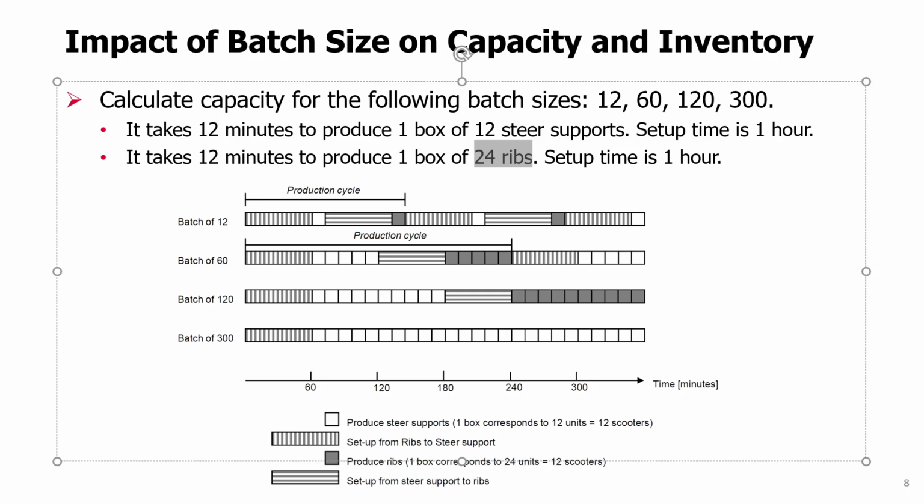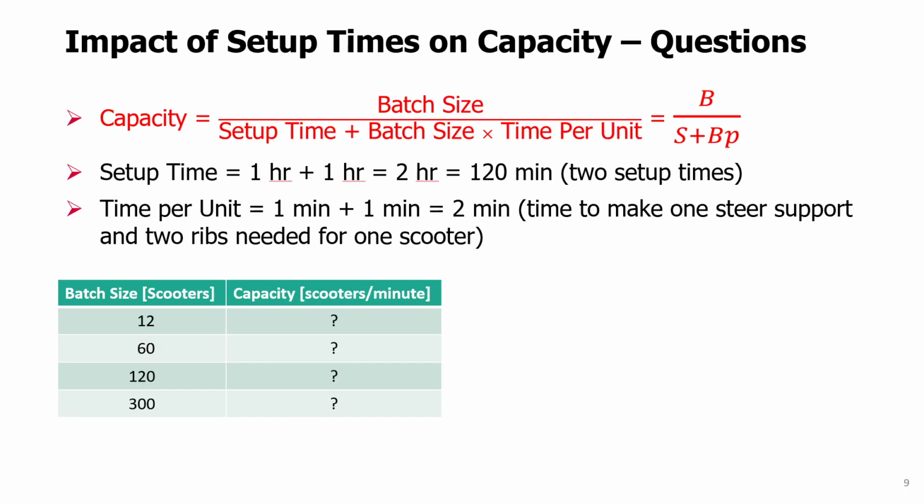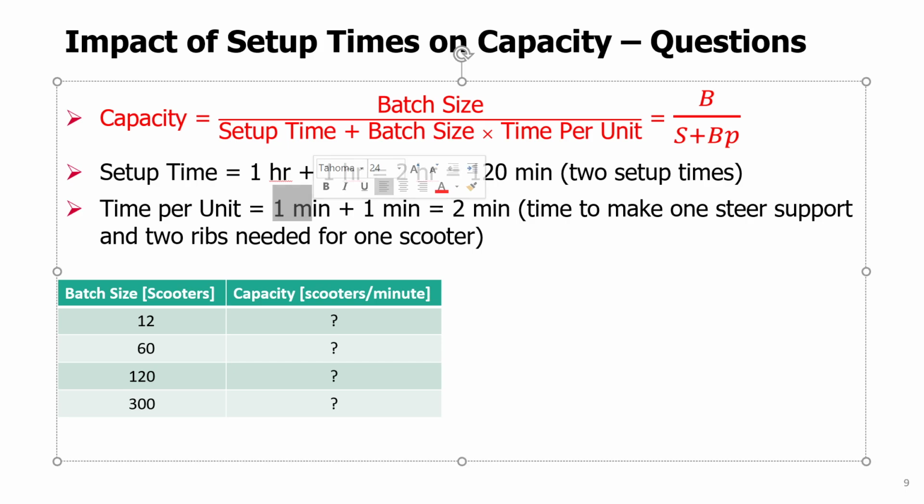So a total time per unit will be 2 minutes, 1 minute due to the production of steer supports and 1 minute due to the production of 2 ribs. 1 minute for one steer support and 1 minute for 2 ribs, both of which are necessary for one scooter. So time per unit, I'll consider it to be 2 minutes.